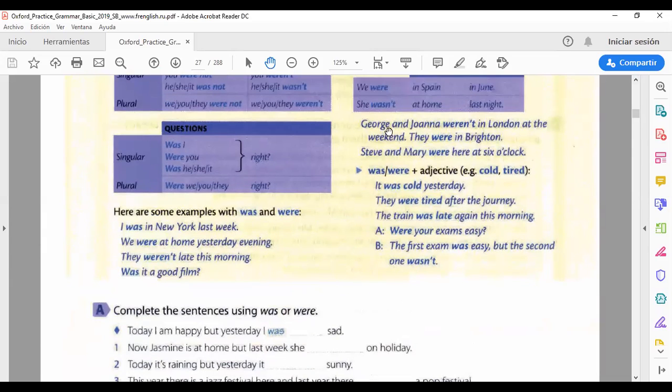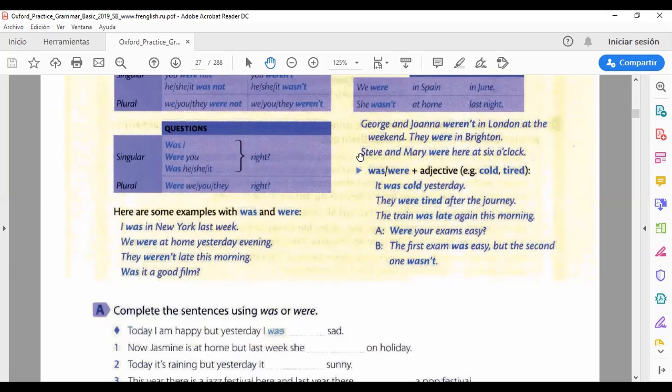Over here it says George and Joanna weren't in London at the weekend. They were in Brinton. Okay, in this case we are using the negative form to say that they weren't in London, and then we are using the positive form to specify or to clarify. They were in Brinton. Steve and Mary were here at 6 o'clock.